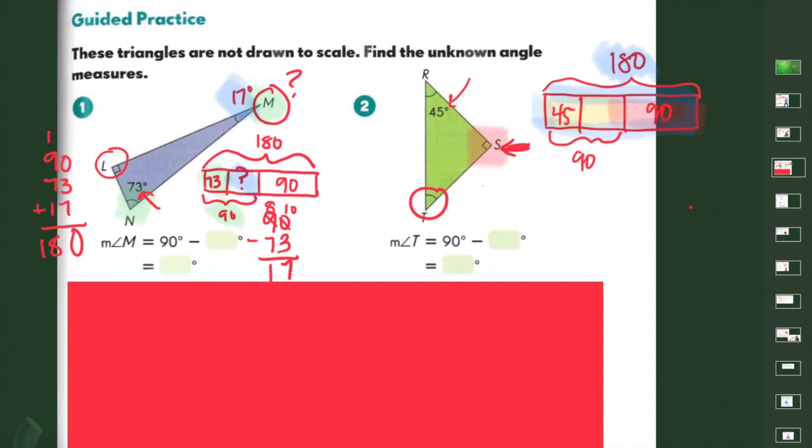So the missing angle T would have to be 45 degrees, because 45 plus 45 is 90. Another way of thinking about it would be to say 90 minus 45, and we still get 45 degrees for the missing angle.